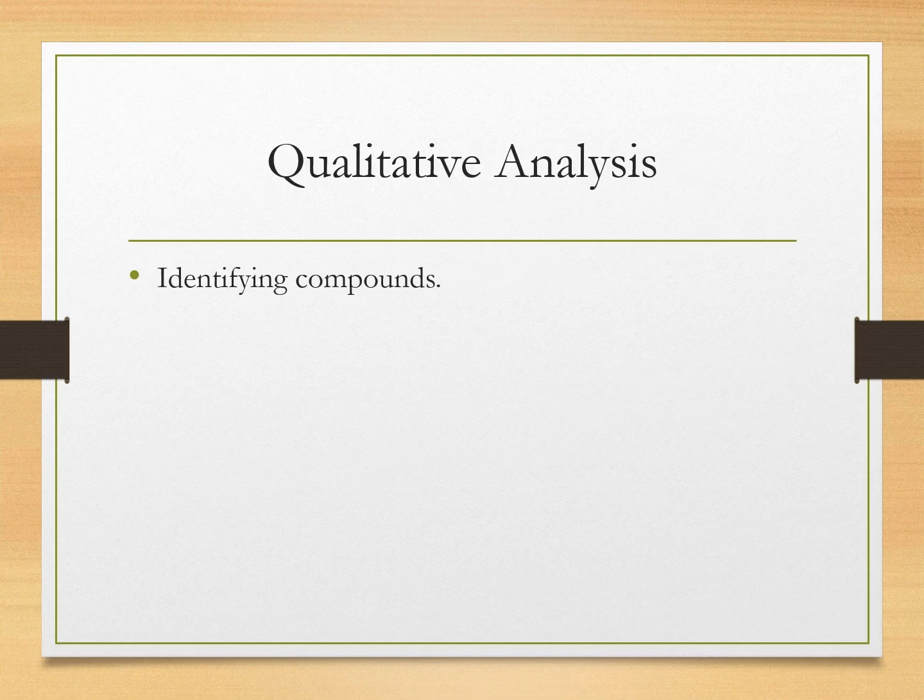We can use it for qualitative analysis. Identification of chromophores and electronic transitions helps determine the functional group. So it can be used to identify the compound, that is, which compounds are present.